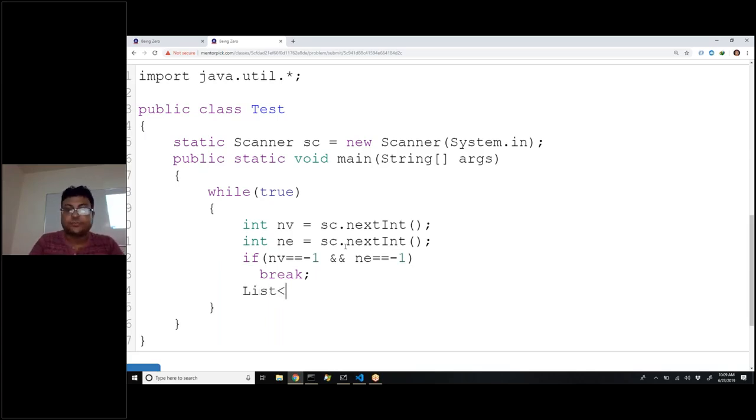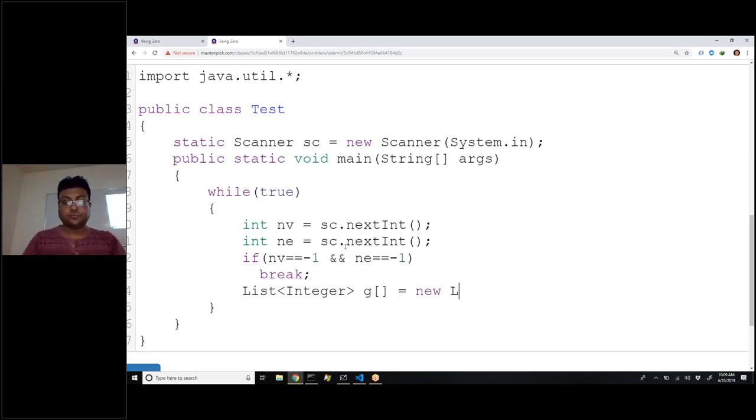List of integer g of, if it is C++, we will write directly nv plus 1. Why plus 1? Vertices are starting from 1, so we want one additional index to be there. In Java, we write it on the right side.